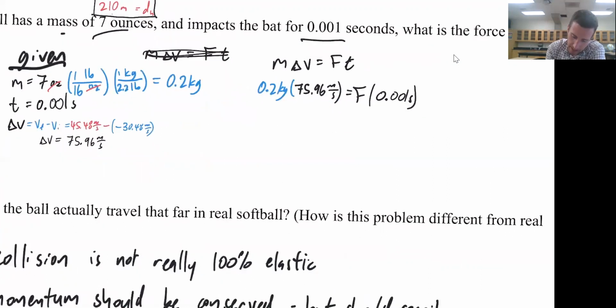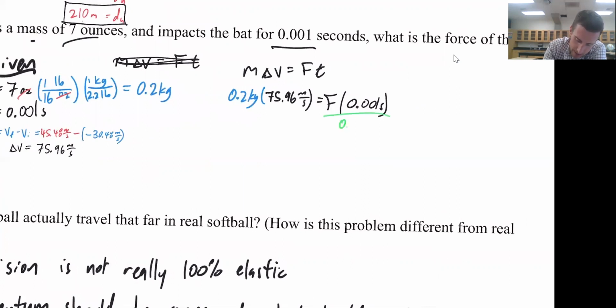To get force by itself, I'm going to divide both sides by 0.001 seconds. That will cancel those, leaving me with force. So it's going to be 0.2 times 75.96 divided by 0.001, 15,192. 15,192 newtons is equal to the force.